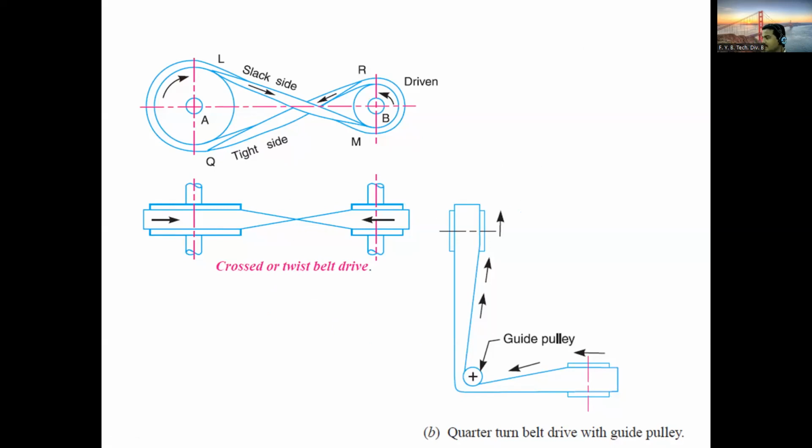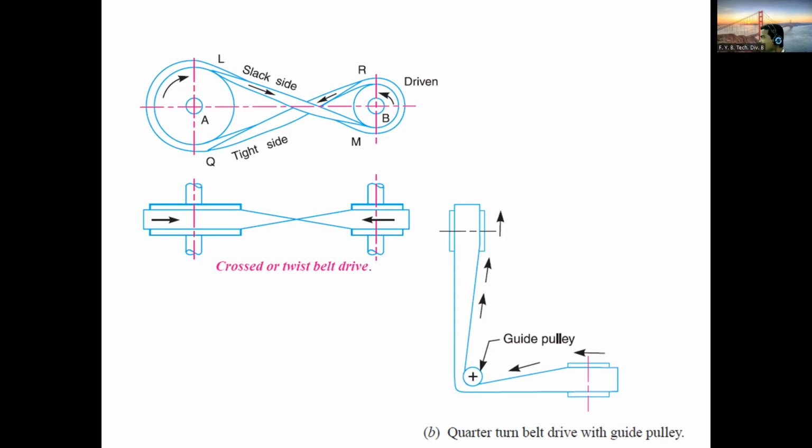In the interviews, they may ask the question: when to use open belt drive arrangement and when to use cross belt drive arrangement? You will answer quickly: open drive arrangement is used when both the pulleys are rotating in the same direction. Cross belt drive arrangement is used when both the pulleys are rotating in opposite direction.